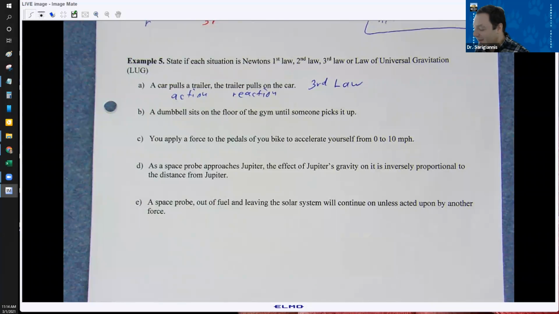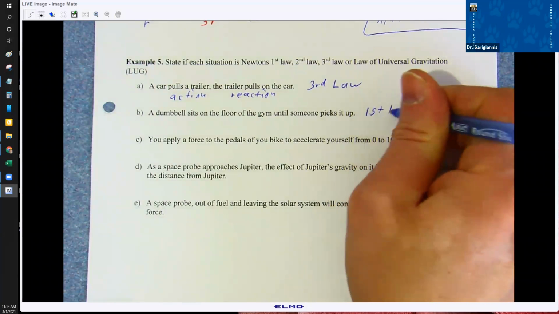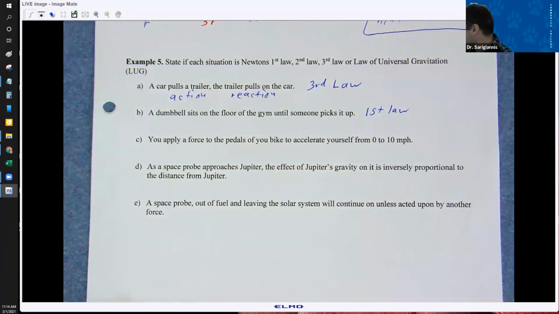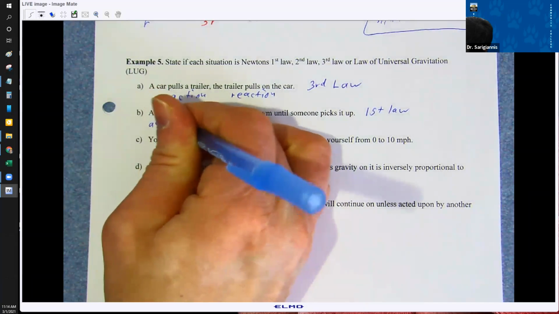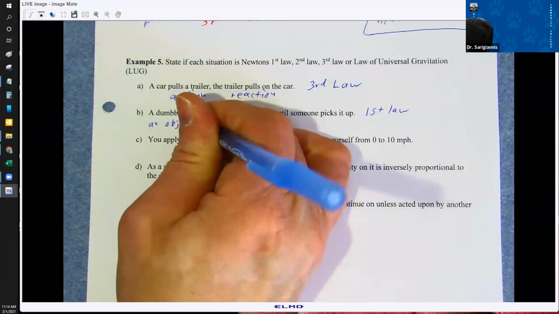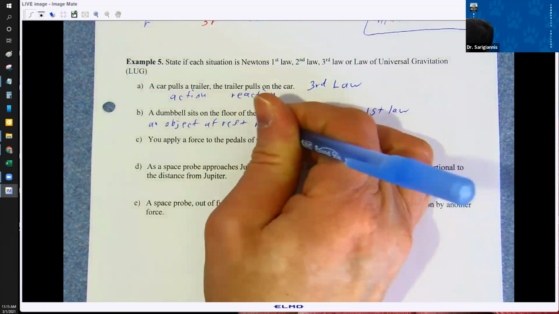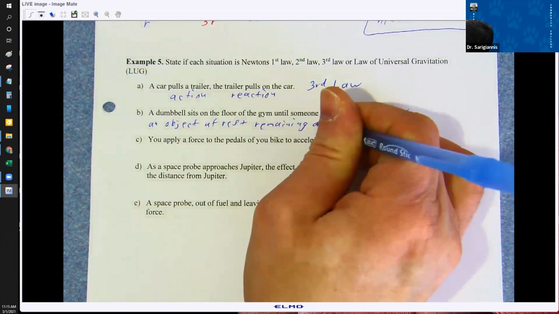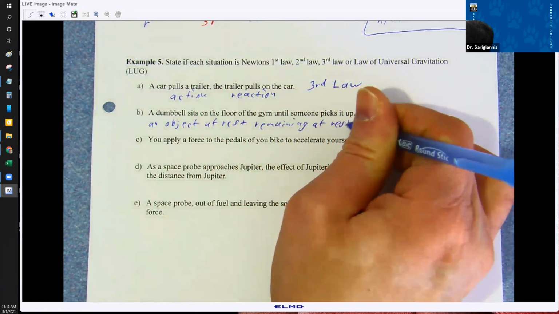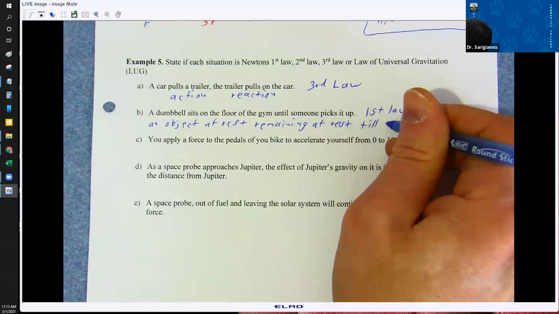Yes, Newton's first law, law of inertia. And in this particular case, the dumbbell is an object at rest, remaining at rest till acted upon by an unbalanced force.